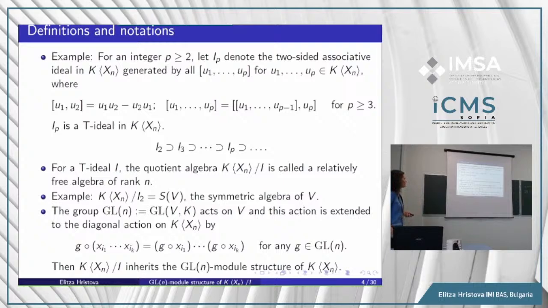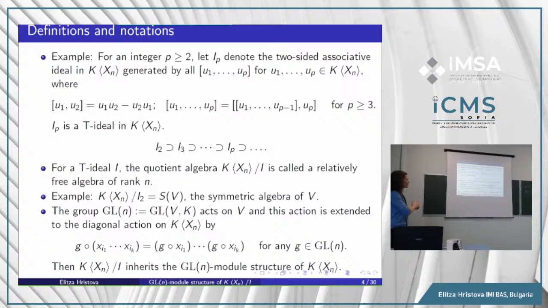That's why it's called the relatively free algebra. And the starting example is if we take K⟨x_1, ..., x_n⟩ modulo the ideal generated by double commutators. This is the well-known symmetric algebra of the vector space V, and this is the free object in the set of all commutative algebras.